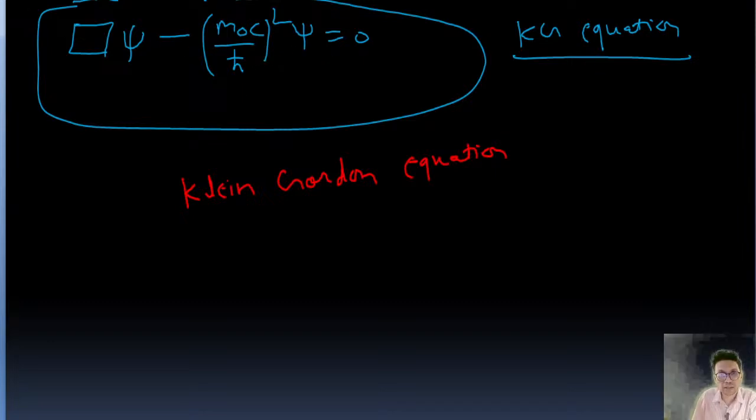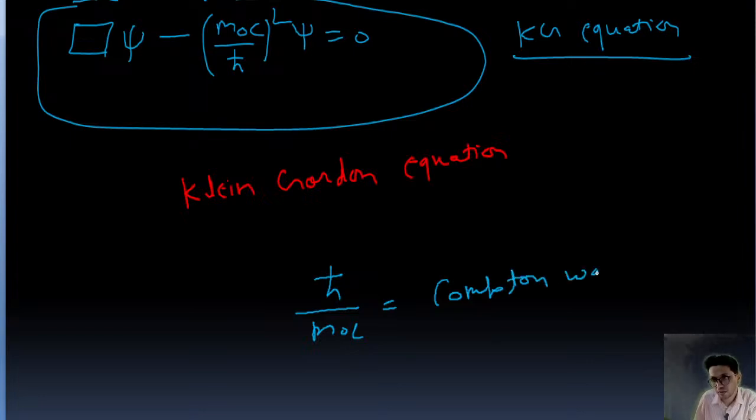Here h cut upon m naught c is the Compton wavelength, lambda c, so this term is 1 upon lambda c.